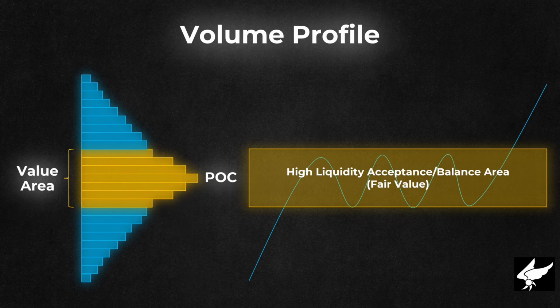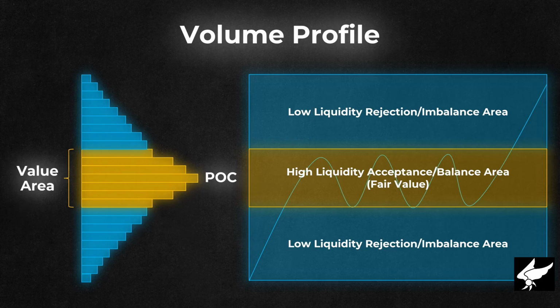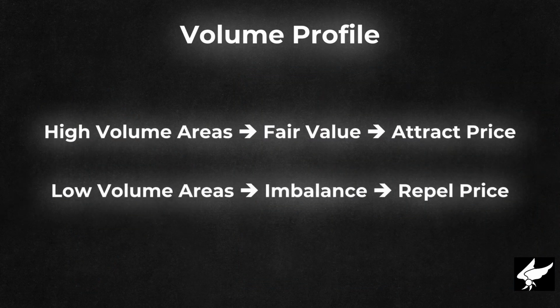Areas of low volume in the profile show areas of price rejection or imbalance, meaning areas where buyers and sellers disagreed about fair value. Areas of imbalance shown by low volume in the profile have low liquidity. Recall that in areas of low liquidity, price action can travel greater distances with less market activity. Areas of low volume can repel price.